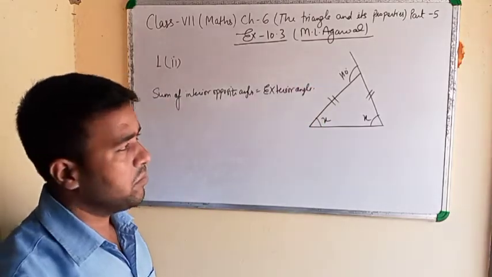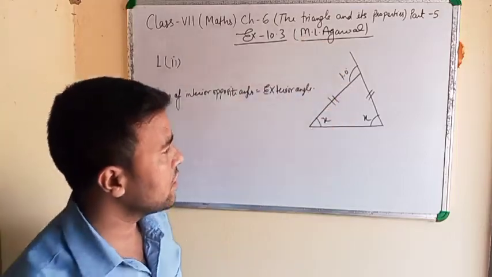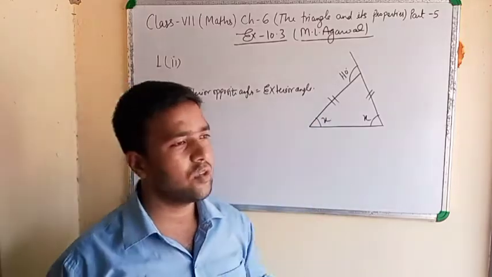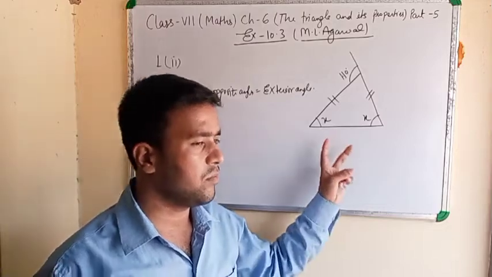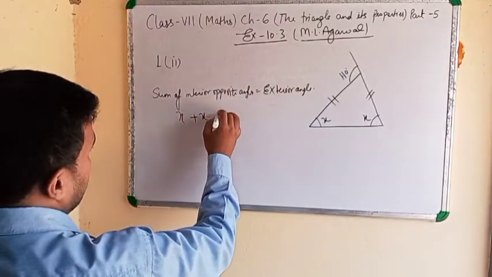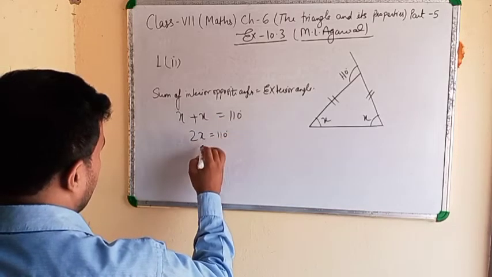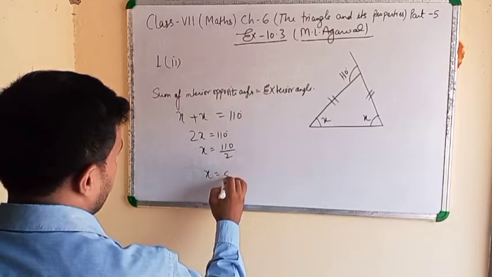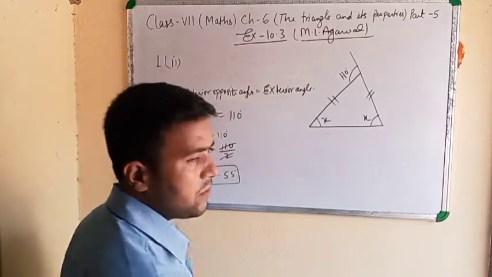In this figure one angle is given, and since two sides are equal, the two angles are equal. So x plus x equals 110, 2x equals 110, x equals 110 by 2, x equals 55.